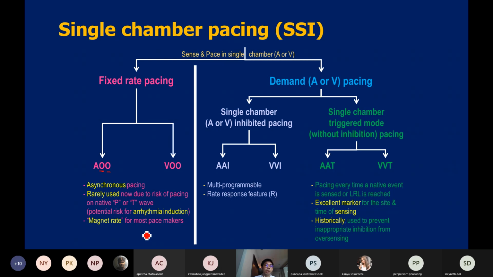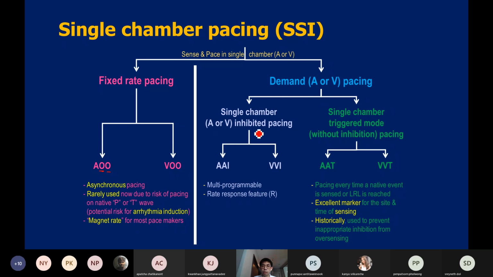Usually the magnet rate is programmed as a fixed rate, VOO or AOO. We use this magnet rate during an operation when we think it would cause some noise or extra activity that would cause a problem to the pacemaker.